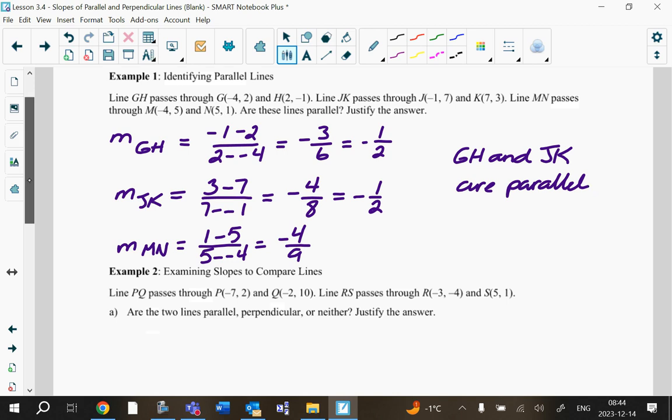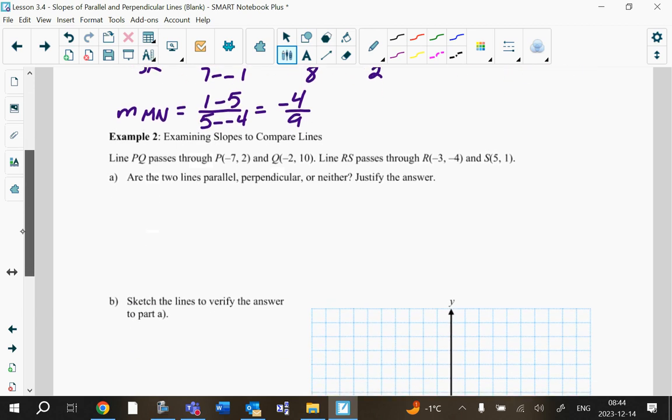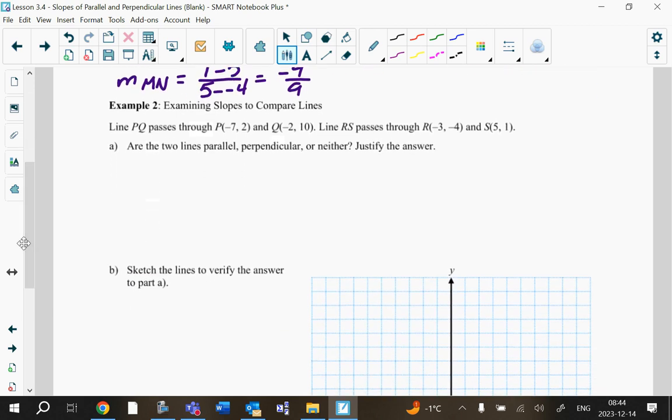For the second example, again, find the slope of each one and compare them. For PQ, and you should be used to this by now, 10 subtract 2 over -2 subtract -7.